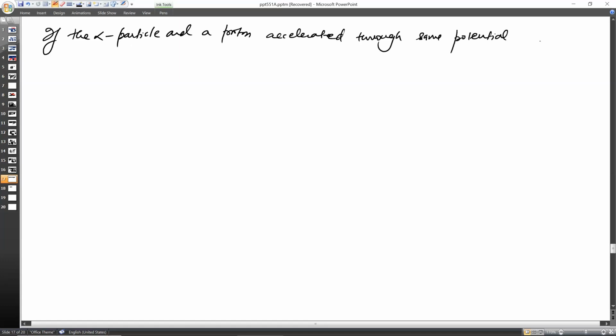Okay, then what is the ratio of R minimum for proton to R minimum for alpha particles? What is the ratio?